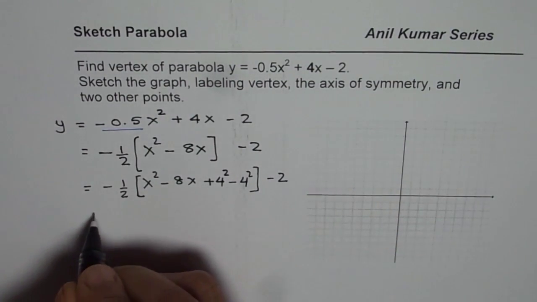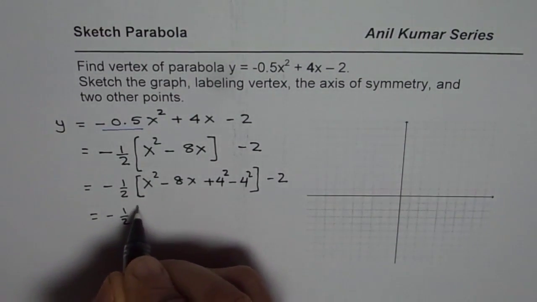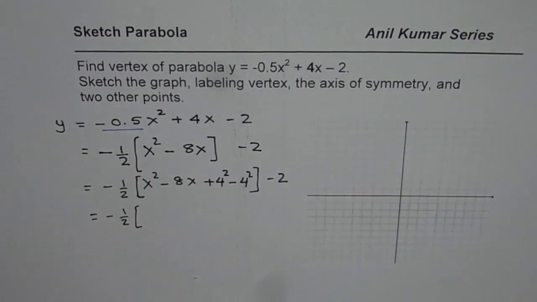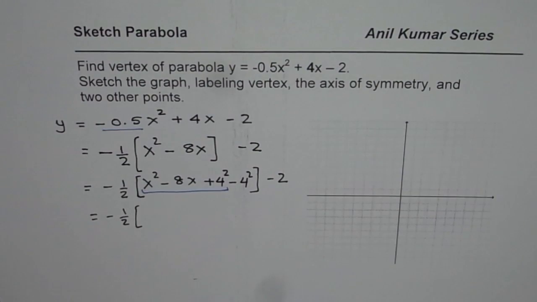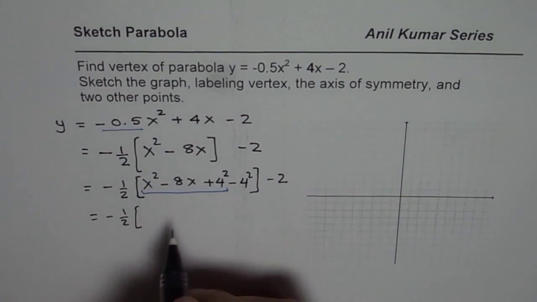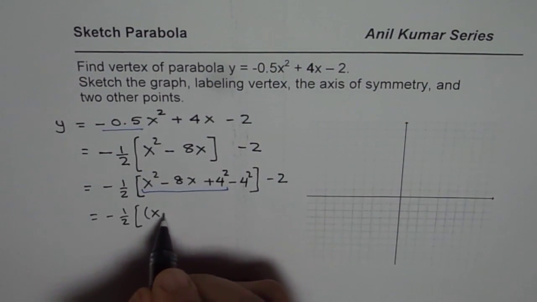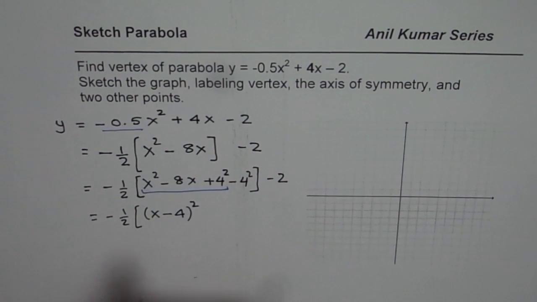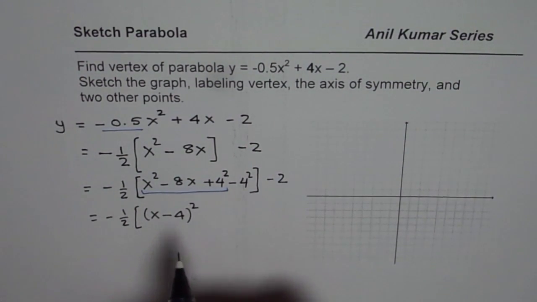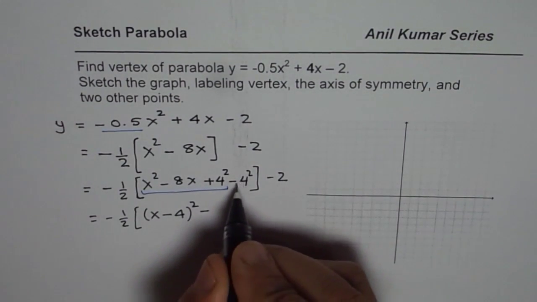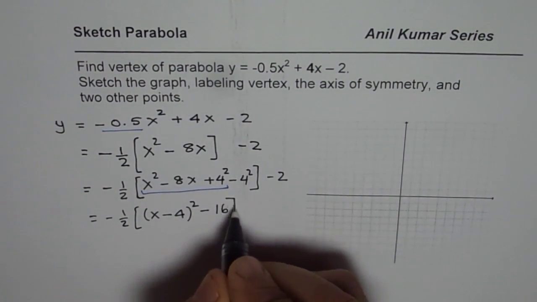minus 2. So that gives us one factor, you can combine these trinomial terms and make it a perfect square as x minus 4 whole squared. That was the whole idea of taking half of this number and squaring it. And you're left with minus 16, right?